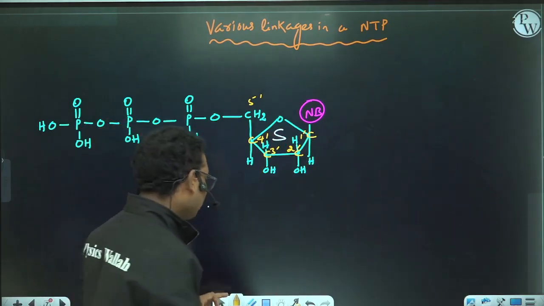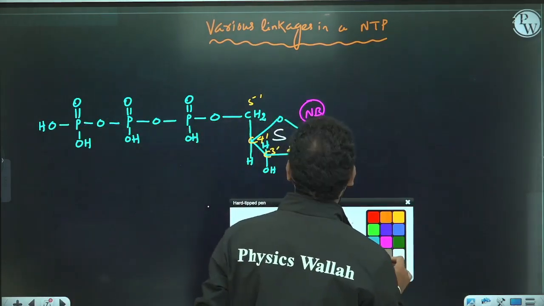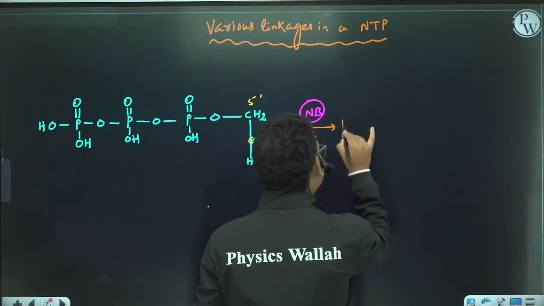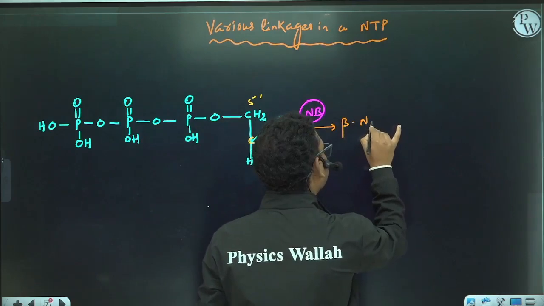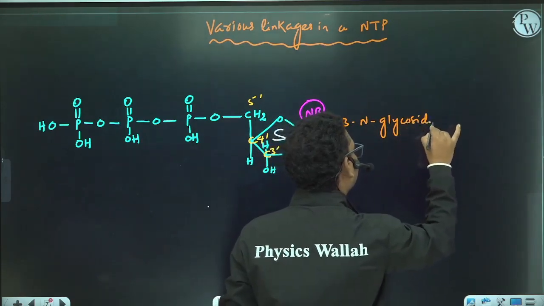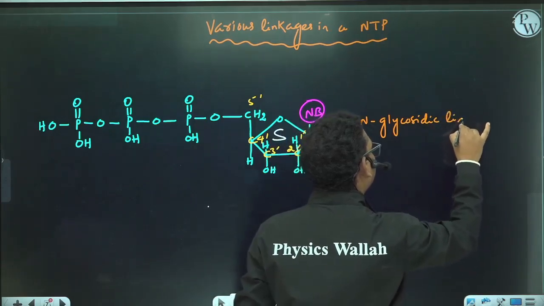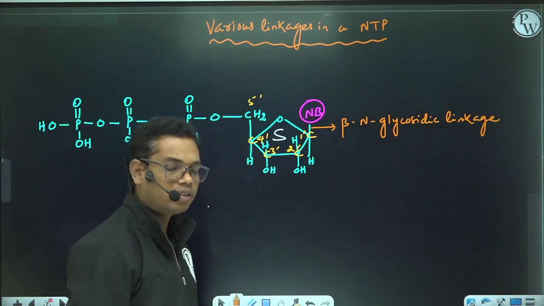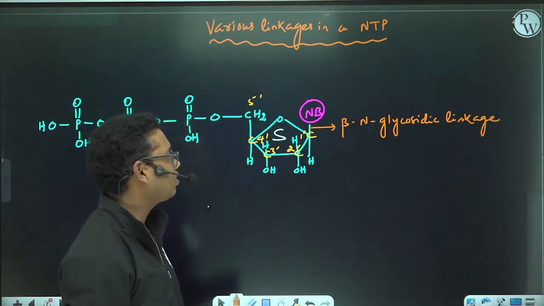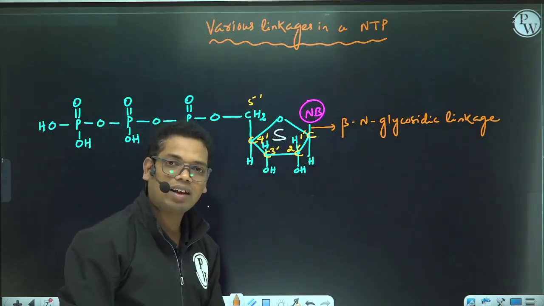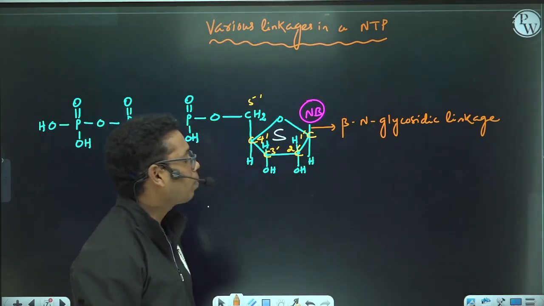Okay, and the linkage will be beta N-glycosidic linkage. Which linkage? Beta N-glycosidic linkage. The first point you have to remember here is the linkage between sugar and nitrogenous base is beta N-glycosidic linkage.